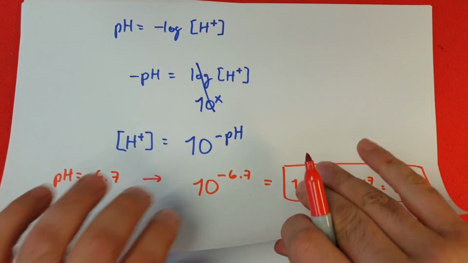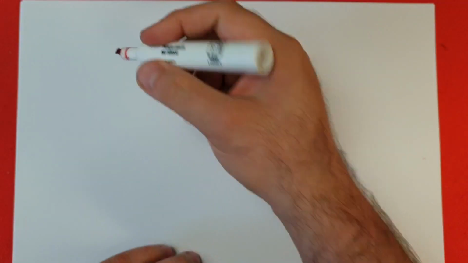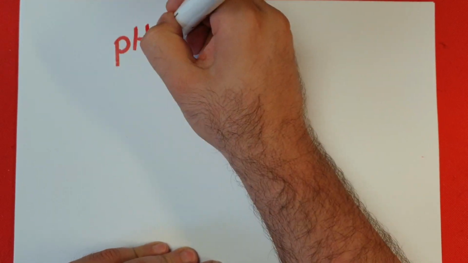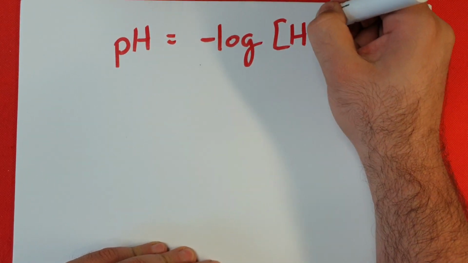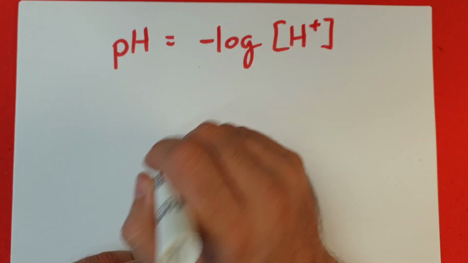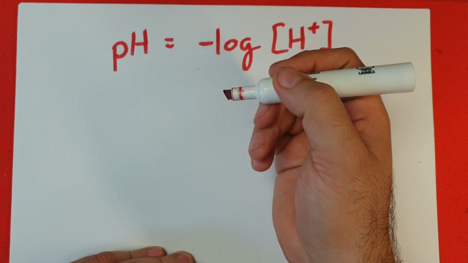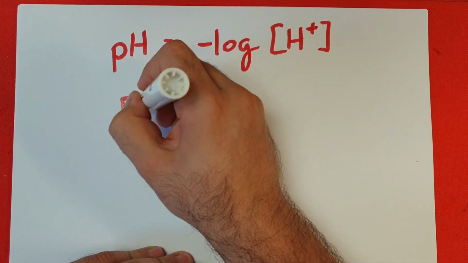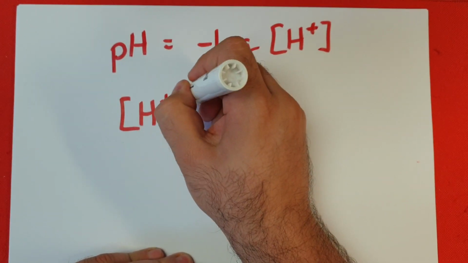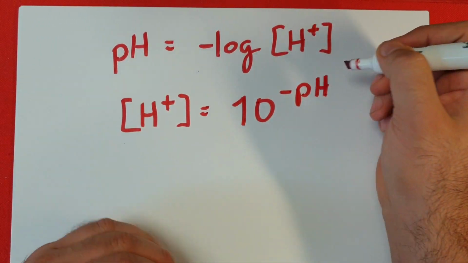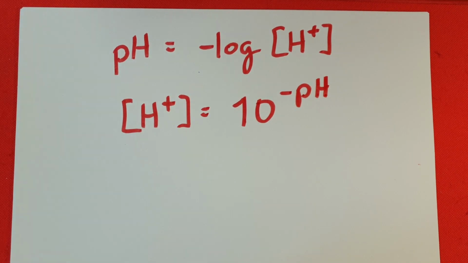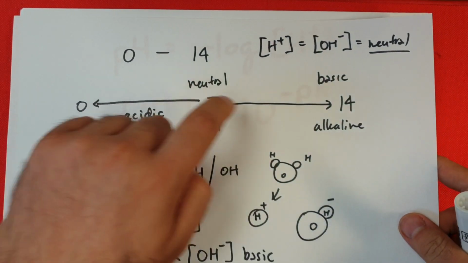So once again, let's do a little recap of this. pH equals the negative logarithm of the concentration of hydrogen or hydronium. And if we reverse this formula, we know that the concentration of hydronium is going to be equal to 10 to the negative pH. Remember when I said that the basic scale of pH goes from 0 to 14?